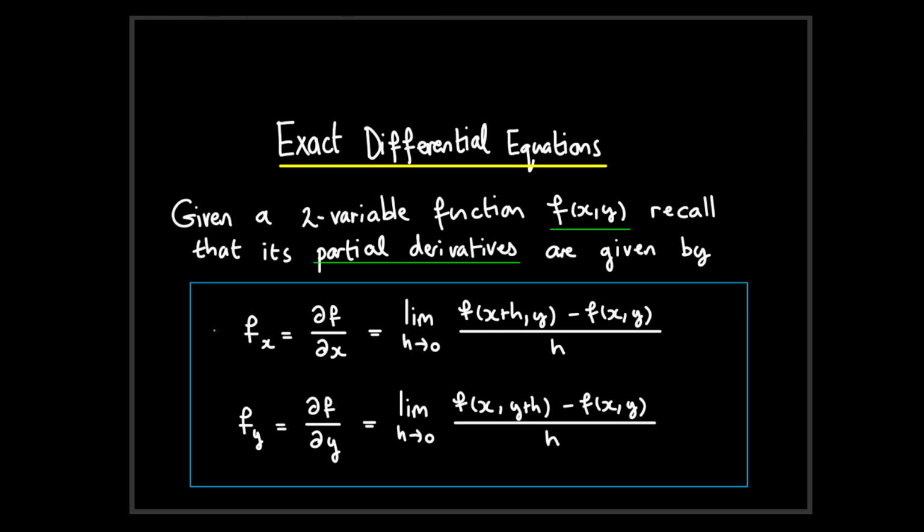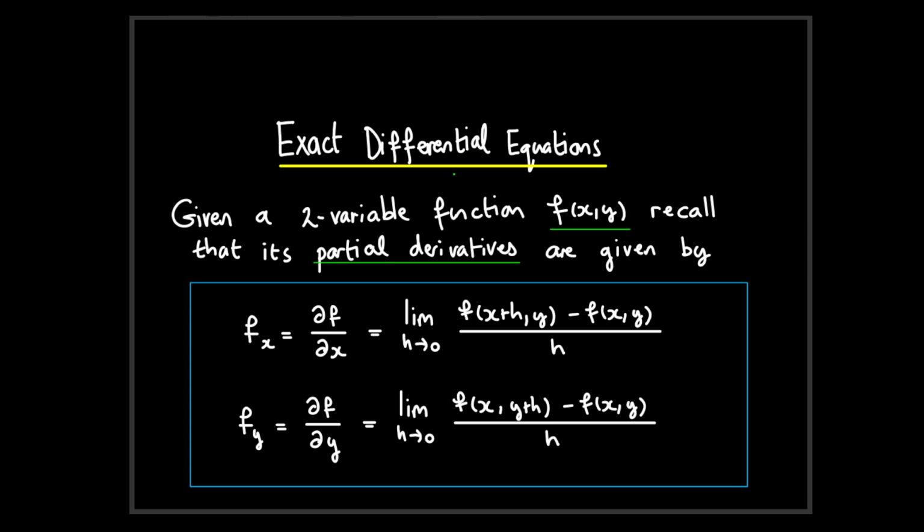So in the partial derivative with respect to x, we're treating y really as a constant, differentiating really as normal with respect to x, and just fixing y as a constant. So treating it just as you would any other constant. And likewise, of course, the same thing for the partial derivative of f with respect to y. You compute the derivative by just treating x as a constant, and y is the variable which you're differentiating with respect to.